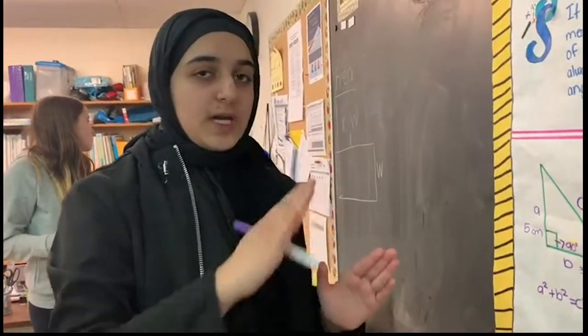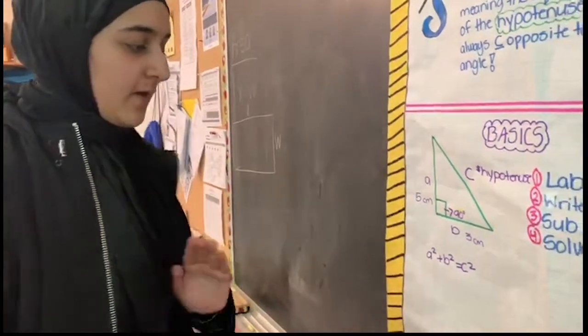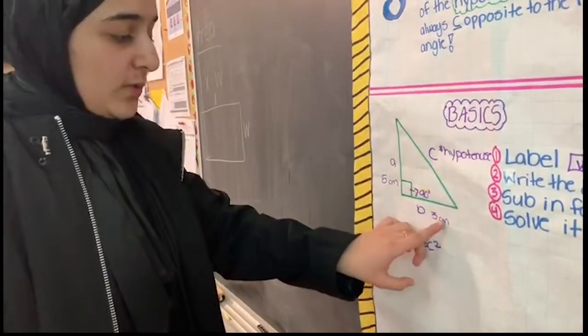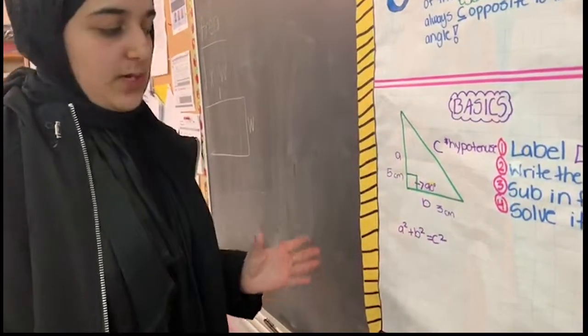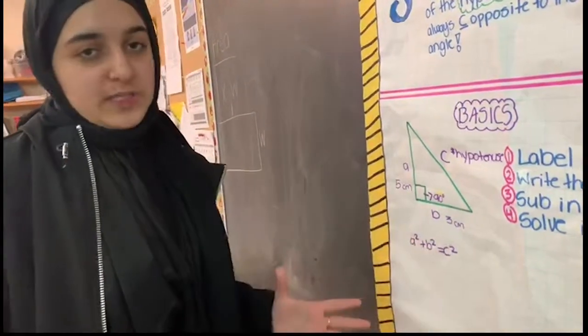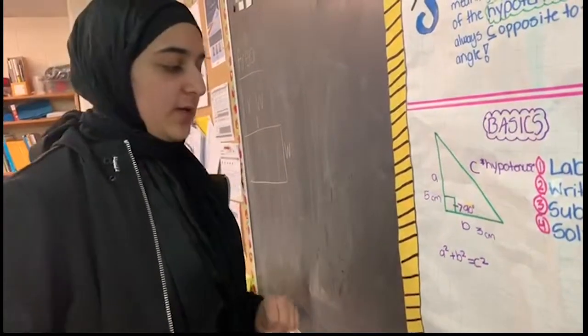Squared means the number times itself. So A in this case is 5, which means 5 times 5. And plus, you guys already know, is addition. B, we know, is 3, so it's basically just 3 times 3. And then this equation will give you C squared. That is one of the 3 equations that we have in the Pythagorean theorem.